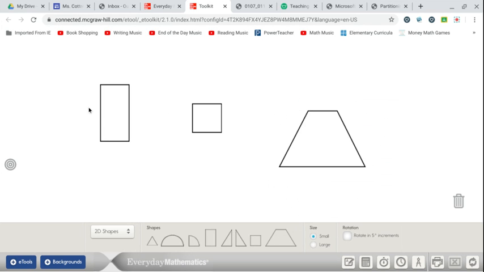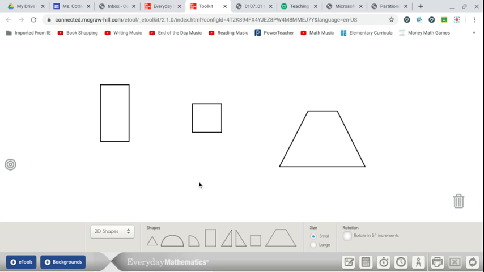A rectangle has 2 pairs. Left and right are parallel, top and bottom are parallel. Your square also has 2 pairs. Top and bottom, left and right. The trapezoid only has 1 pair, the top and the bottom. The left and the right are not parallel because eventually these lines here are going to meet.